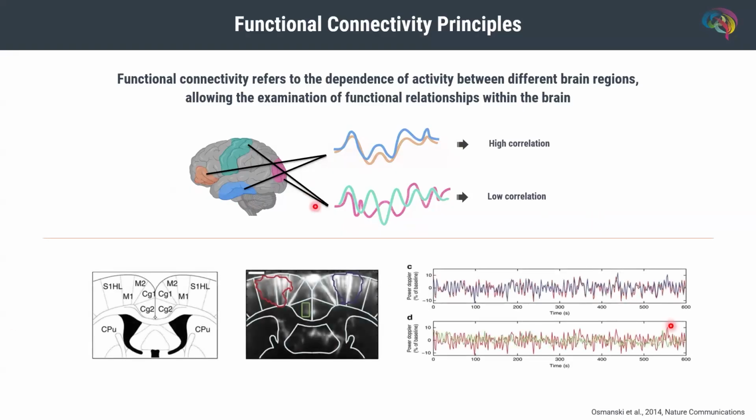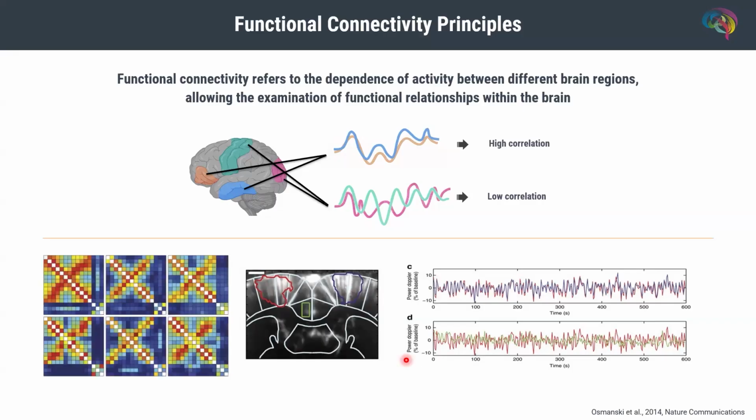And this pioneering publication of 2014 in Nature Communications showed for the first time that functional ultrasound could be used for the study of functional connectivity because regions known to be functionally correlated and connected, like these two blue and red regions, had CBV responses and CBV oscillations that were also temporally correlated.